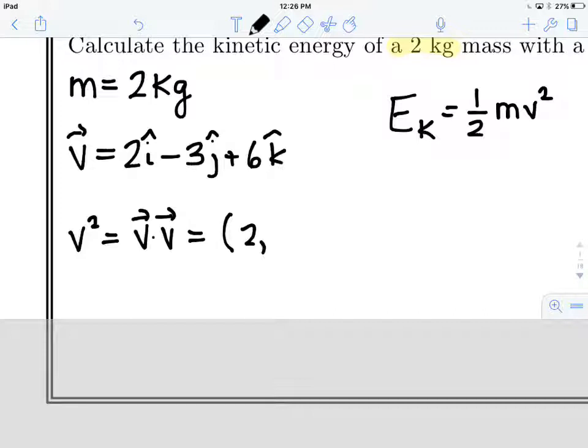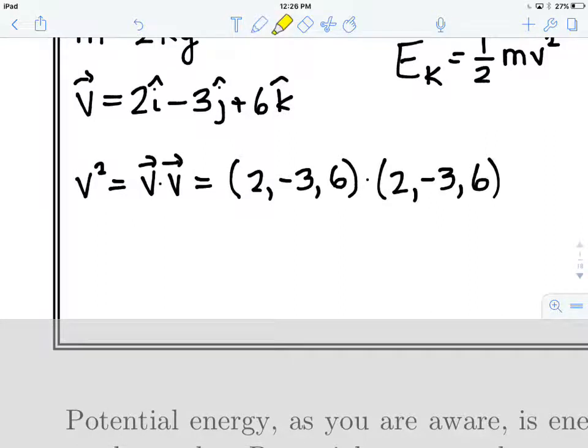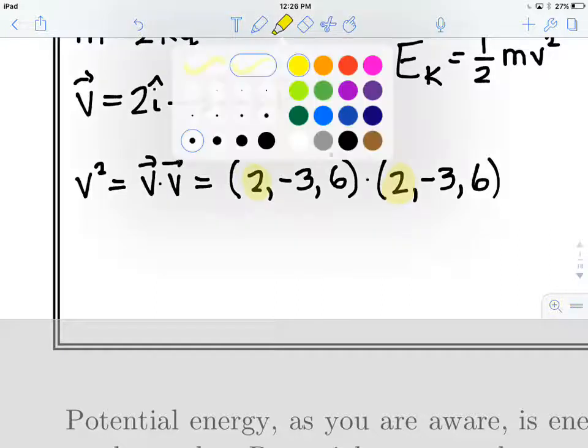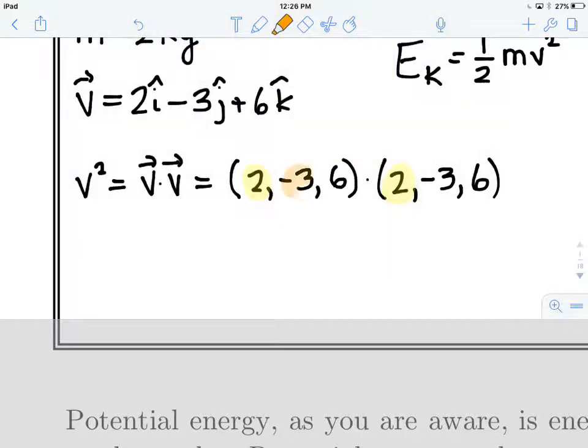So we've got 2, -3, and 6. And we're going to dot that with itself, 2, -3, and 6. And of course we remember that we take I, J, and K, and we multiply those and then add them.